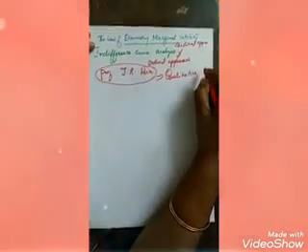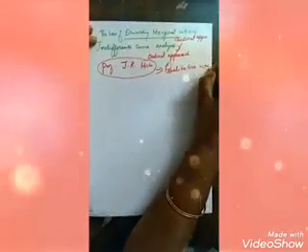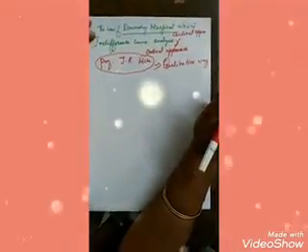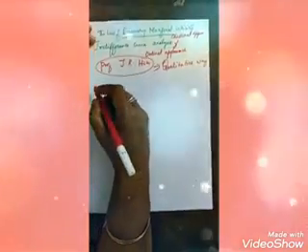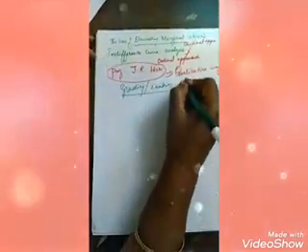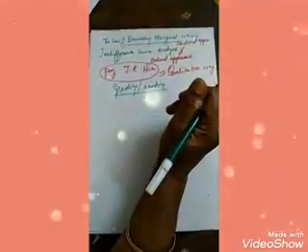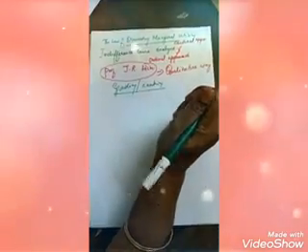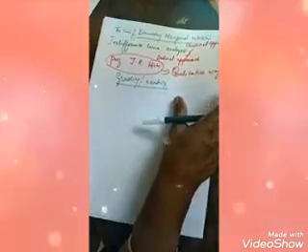That's a major difference. And how does he measure the utility? By grading or ranking. That's the major difference between Alfred Marshall's theory and the indifference curve analysis of J.R. Hicks' theory. Is it clear?